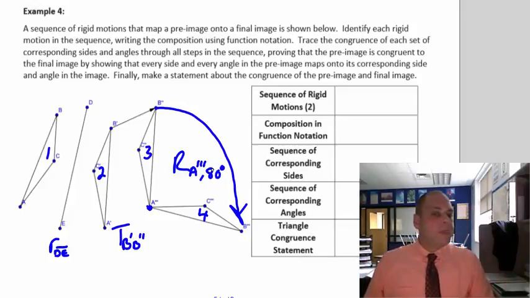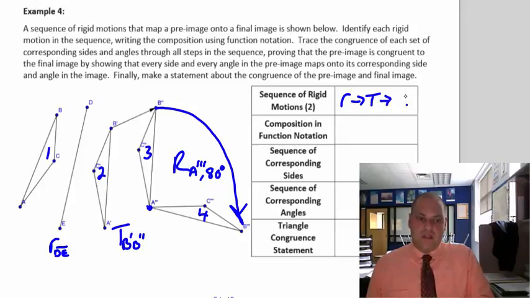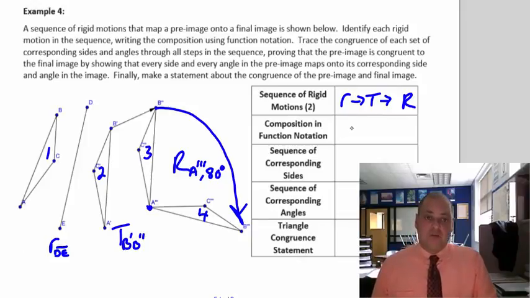All right, so sequence of rigid motion. So what happened? The sequence is reflection, then translation, then rotation. That was the sequence of rigid motions. We just did it. Boom, boom, boom. All right? Composition in function notation, got to go backwards. So it's a reflection. I'm sorry, not a reflection. A rotation.